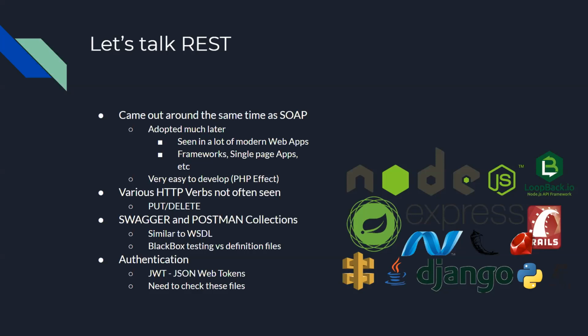Unlike SOAP, you're going to see a little bit more modern authentication schemes. So in this case, JWT, which are JSON web tokens, are going to be used. Once again, and I heavily stress this, whenever you see a JWT, it's just a base64 encoded blob.